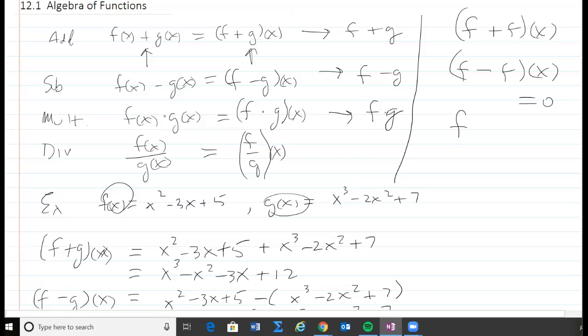Likewise, you could take f times f, like that. Okay, so you can square a function, make a new function out of it. Now, if you divide the function by itself, of course, you're going to get a 1. If you divide anything by itself, it's a 1. So you have a new function, which is a 1.